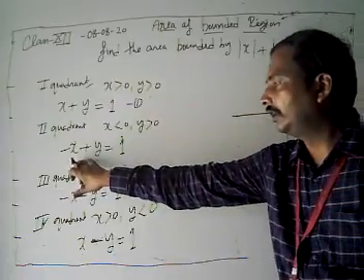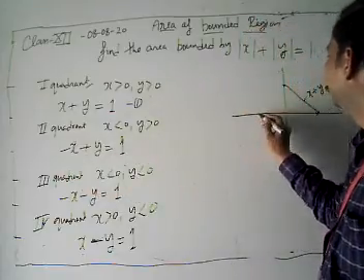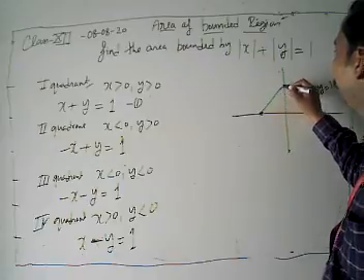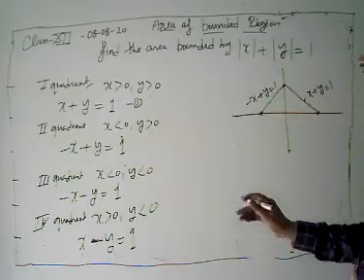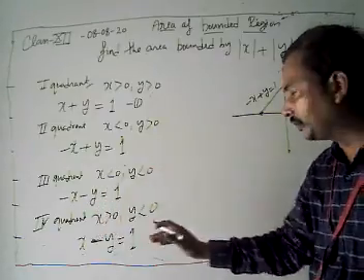Now the intercept on x is minus 1 and on y is 1. This is our minus x plus y equal to 1. Now in the third, minus x minus y, both intercepts are minus 1.